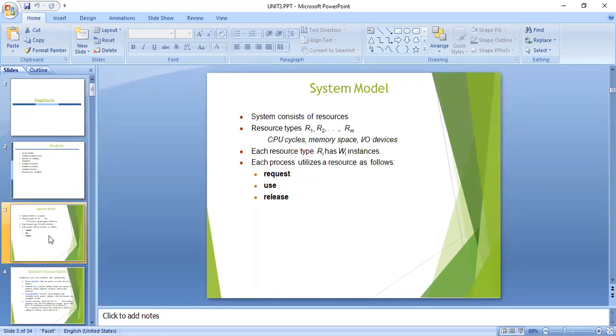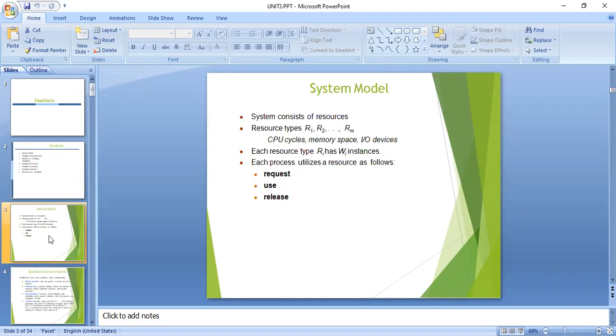Before that, I just want to give the definition of deadlock. What is the meaning of deadlock? Any idea? I want to make it simple. Deadlock is a set of blocked processes, each holding a resource and waiting to acquire a resource held by another process in the set.